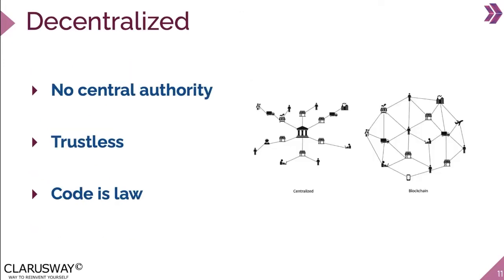So what does decentralized mean? What do decentralized applications mean? It mainly means that there is no central authority. So the application or the use case does not necessarily rely on an authority that has to decide on an end result. This also means it being trustless.